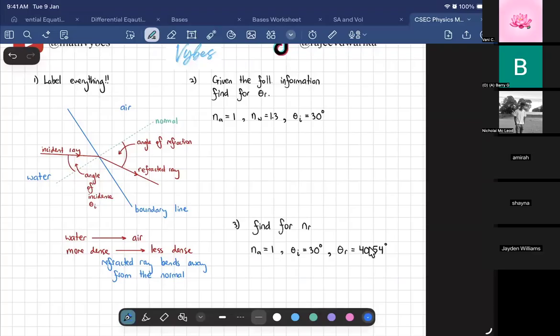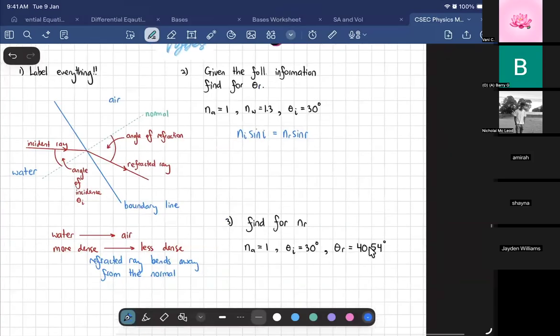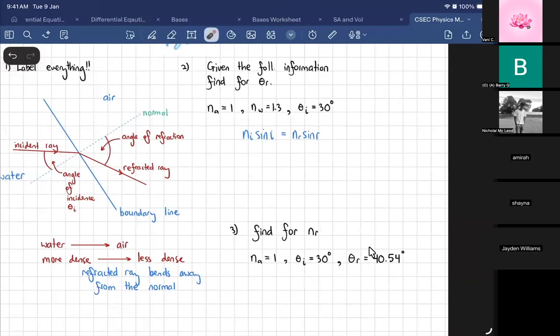I'm going from water to air. Anybody? Ni sin i is equal to Nr sin r. Right. Ni sine i is equal to Nr sine r.